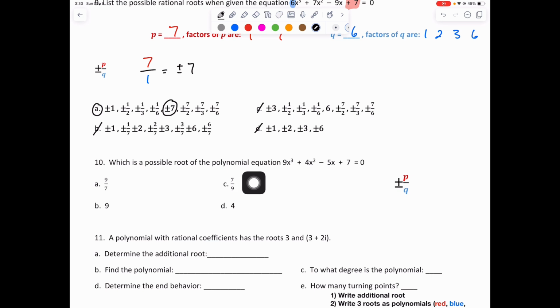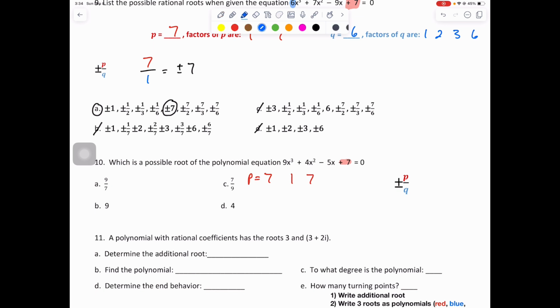All right, for number 10, same thing. Which is a possible root of the polynomial equation 9x cubed plus 4x squared minus 5x plus 7 equals 0. Let's identify our constant as our p term, which is plus 7. So p equals 7. Our factors of 7, again, are just simply 1 and 7.